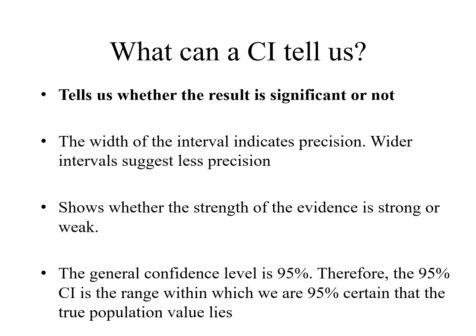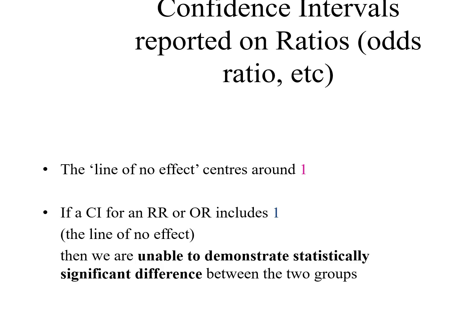The width of the interval indicates precision. Wider intervals suggest less precision. So it could show whether the strength of the evidence is strong or weak. In general, it's pegged at 95%. A 95% confidence interval is the range within which we are 95% certain that the true population value lies.